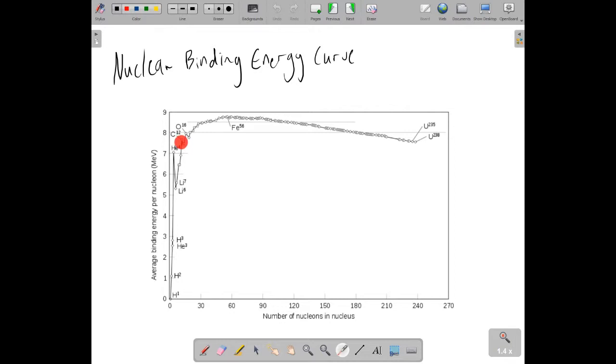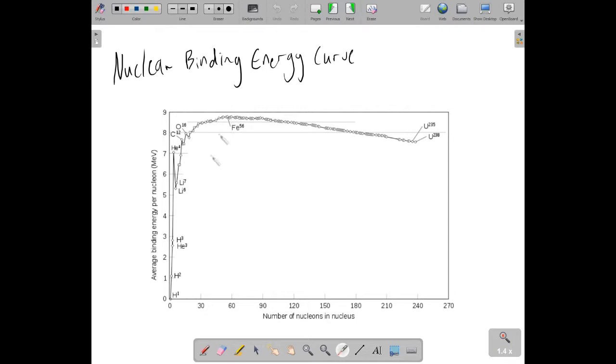It's also the reason why there's lots of carbon and oxygen formed in nuclear fusion, and also why stars are filled with iron. They produce iron.